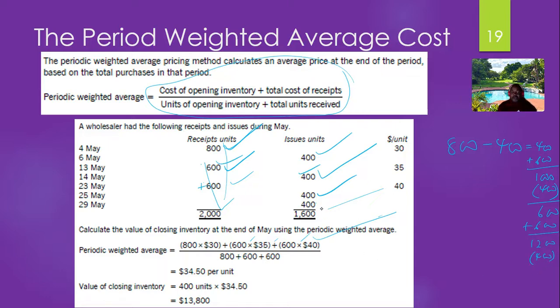We also issued 400. Then we are left with 400. This is the closing stock in units. This is why you are seeing they are using the 400 multiplied by this figure per unit, and we get our 13,800.